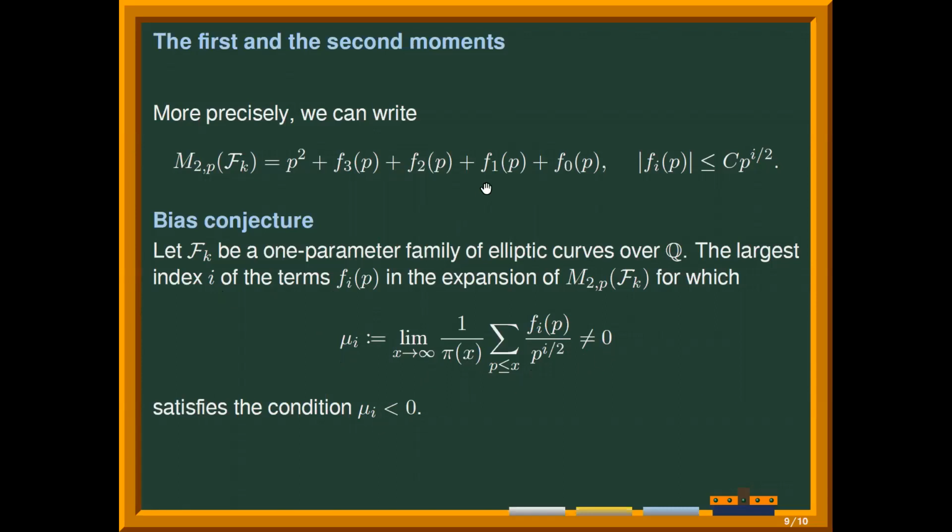The same goes for index 1 and index 0. So the bias conjecture really says that there is going to be some non-trivial bias in the way we compute the second moment of a_k(p). Is the statement of the bias conjecture clear enough?